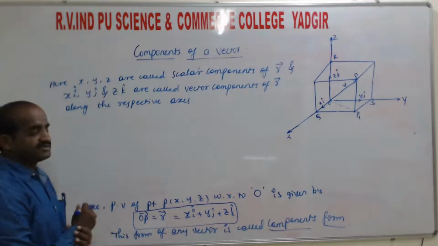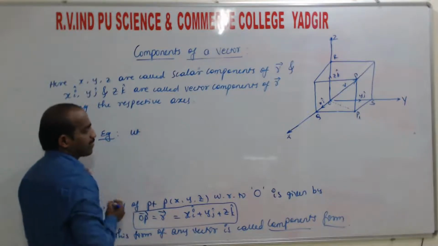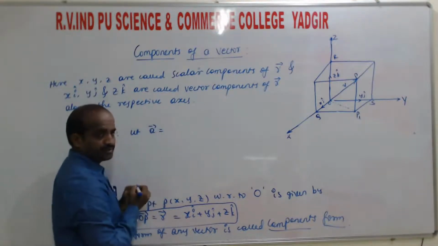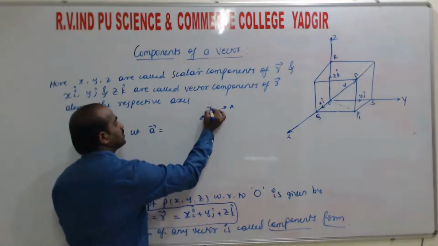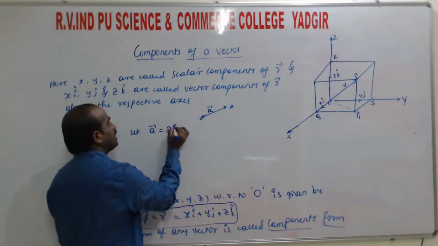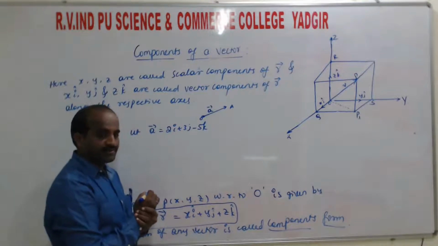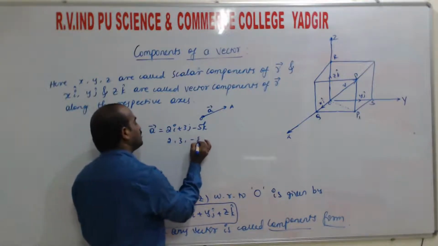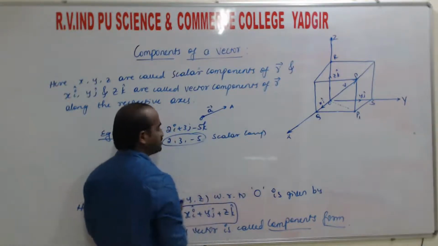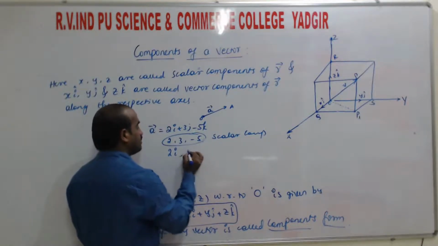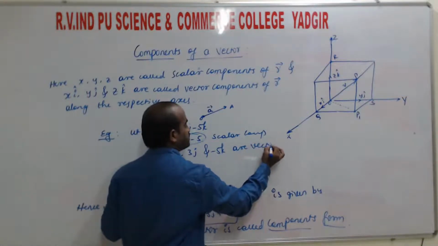For example, let the A vector, meaning OA, be in components form 2i plus 3j minus 5k, where 2, 3, minus 5 are the scalar components. 2i, 3j and minus 5k are vector components.